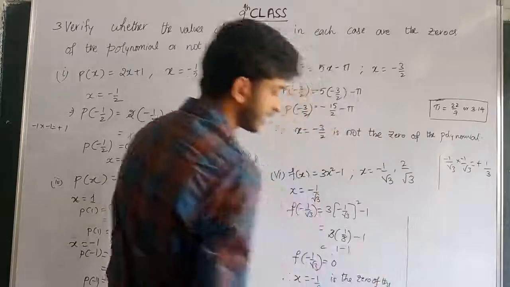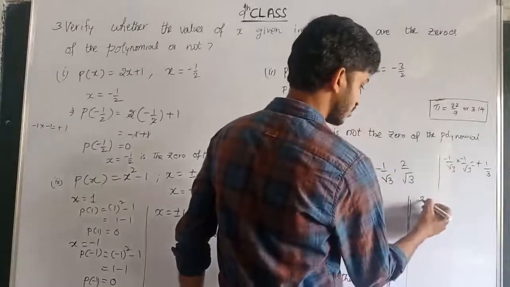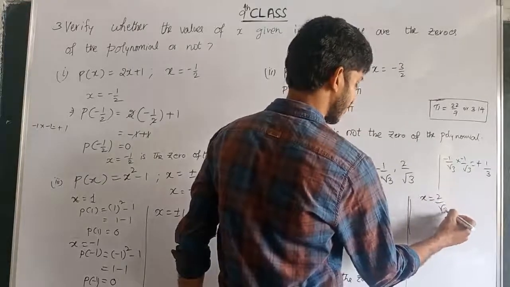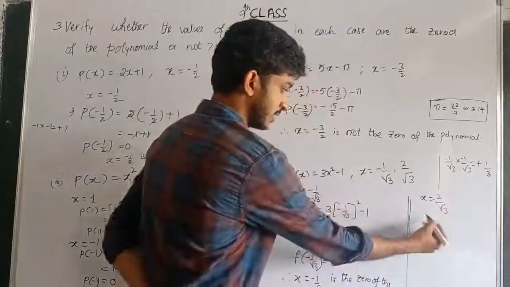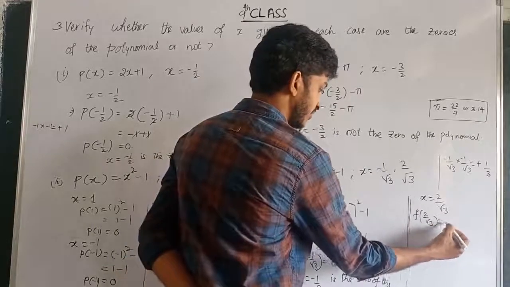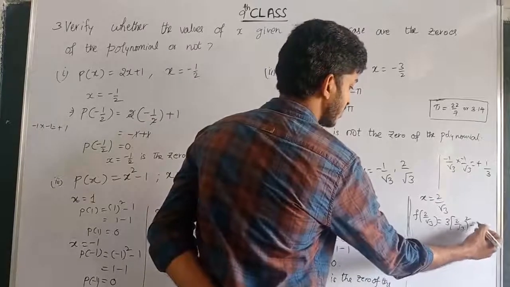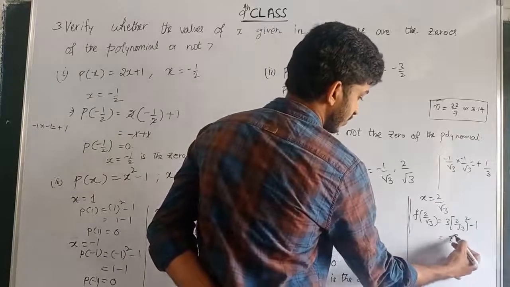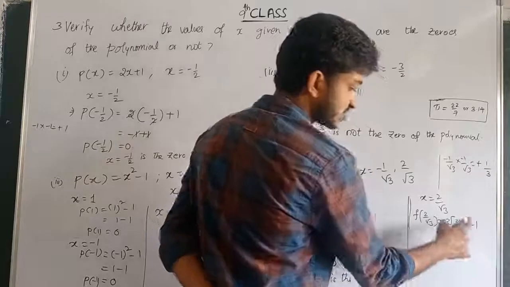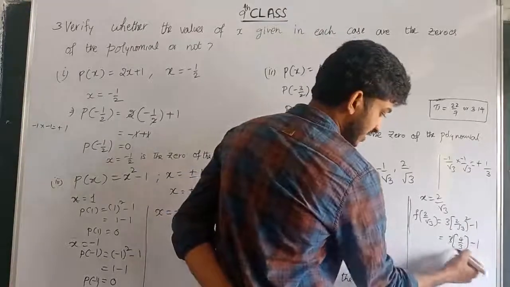Okay, now check at x equal to 2 by root 3. Then see here, f of 2 by root 3 equal to 3 into 2 by root 3 whole square minus 1. That equals 3 into 4 by 3. 2 square means 4, root 3 whole square means 3, minus 1. 3 cancels here.